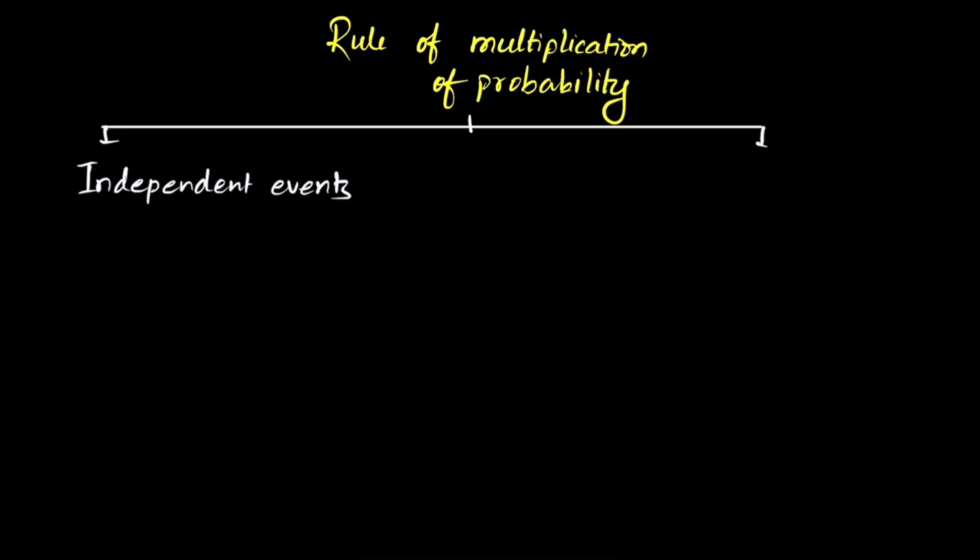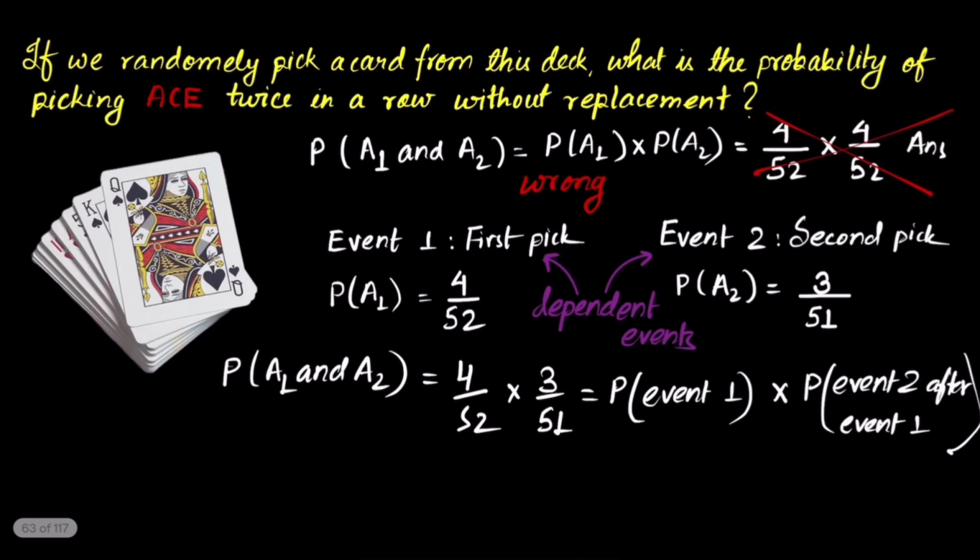where the occurrence of one event does not change the probability of occurrence of another event. And then there's your dependent events, where the occurrence of one event affects the occurrence of another event.